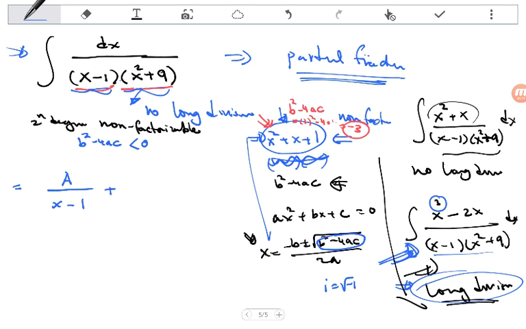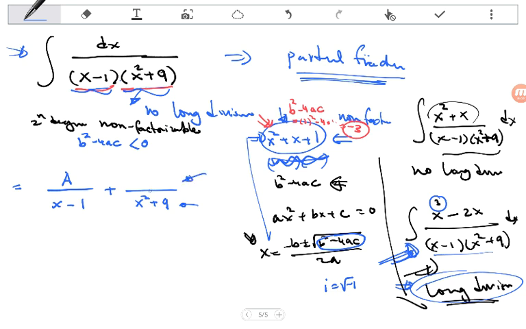The second bracket, the fraction corresponding to it will have the denominator x squared plus 9, but what will be the numerator here? I want to make this a simple fraction. I have the denominator with the second degree. What do you expect will be the degree of the numerator?